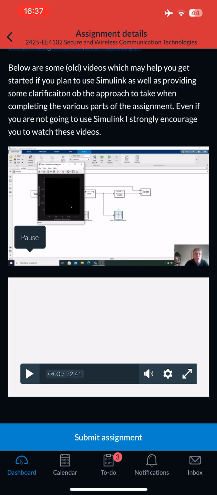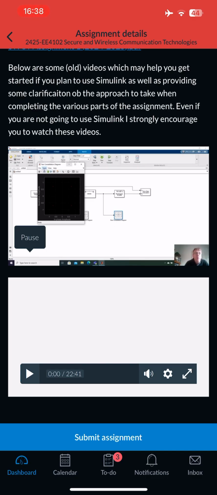Now we just need to configure it to align with what we're simulating in the model. As you can see, at the moment, we have 4 dots, or 4 crosses in our constellation diagram. So it's clearly not a 16 QAM, it's simply a QPSK diagram there.